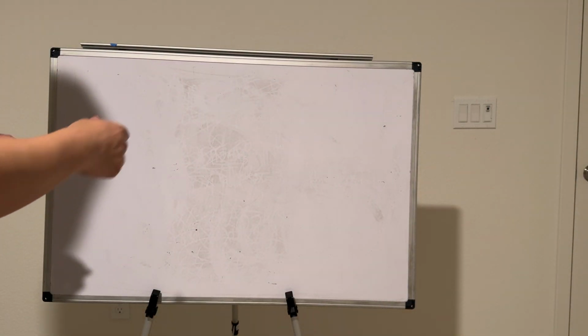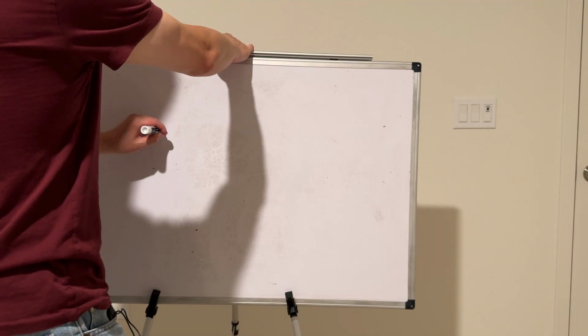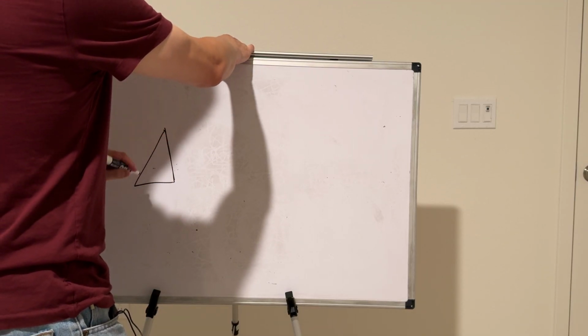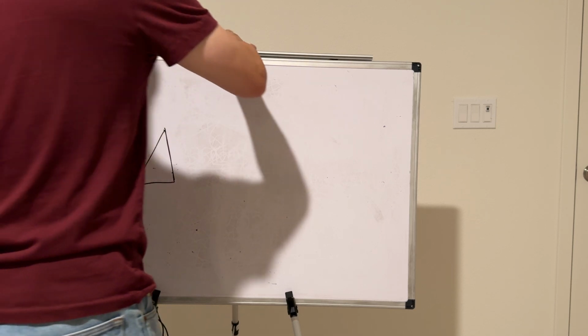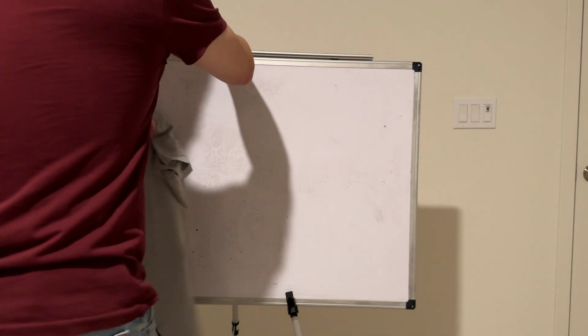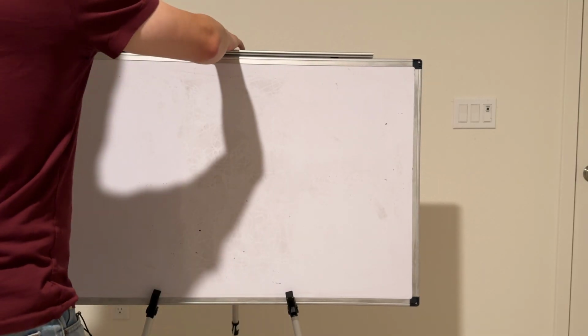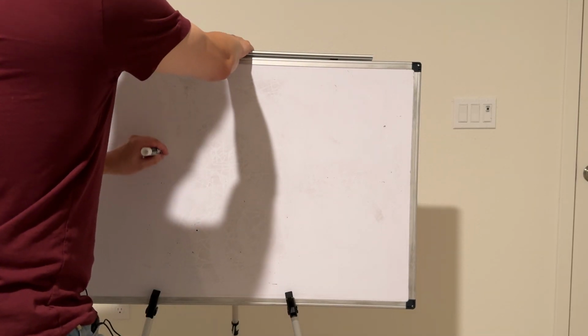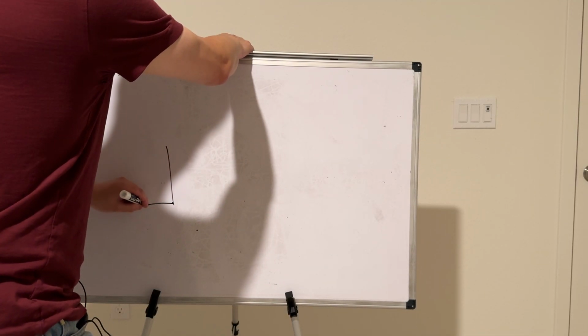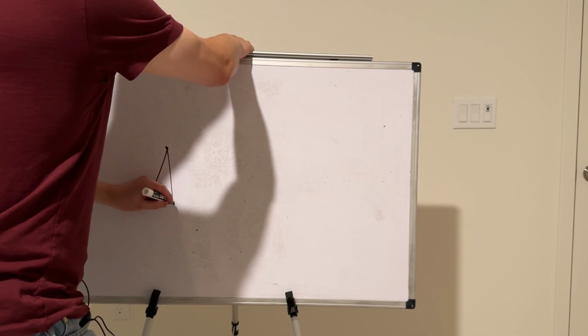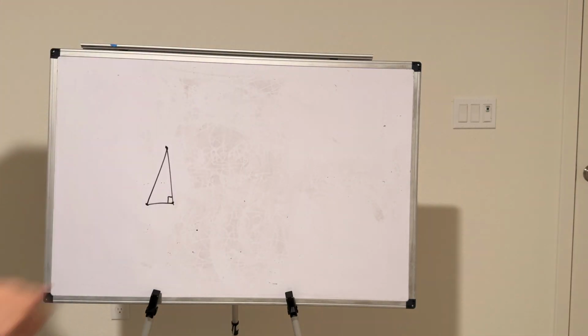So in this problem, we're going to start off with a right triangle, like that. I don't like the size of this triangle, so I'm going to redraw it and exaggerate it a little bit better. There we go. So I've got a triangle like this, okay?